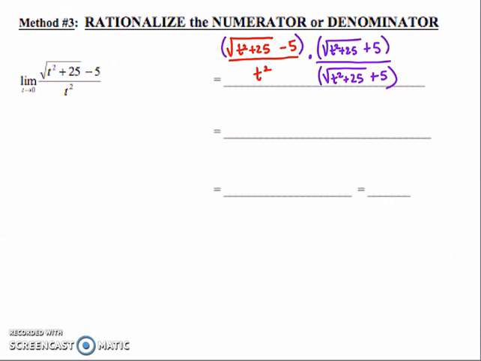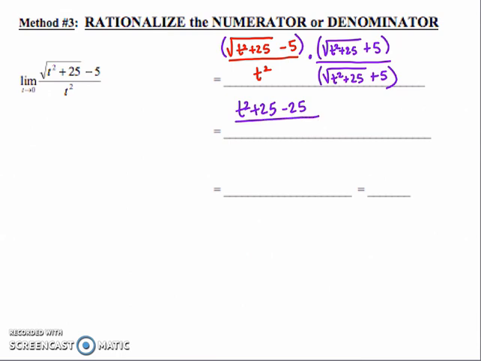Now upstairs, when we multiply these two binomials together, basically remember we're foiling here. And remember we don't have to worry about inners and outers when we multiply complex conjugates because those cancel out. So we're just going to do first times first and last times last. When we multiply the square root of t squared plus 25 times the square root of t squared plus 25, we just end up with t squared plus 25. And then when we multiply our lasts, negative 5 times 5, we end up with negative 25.